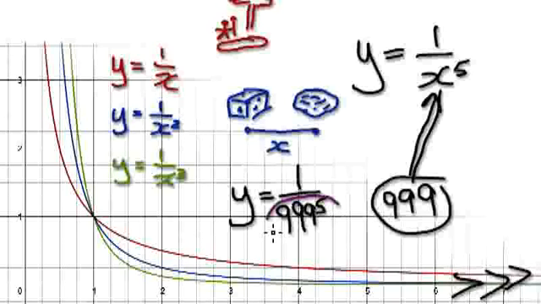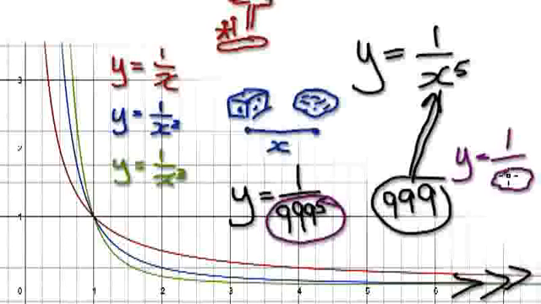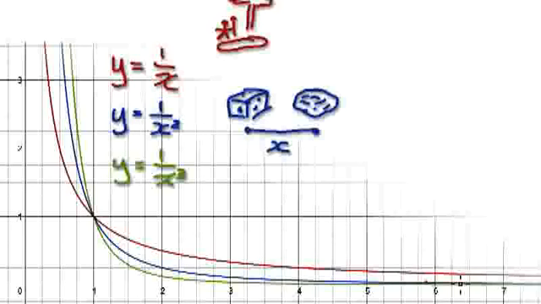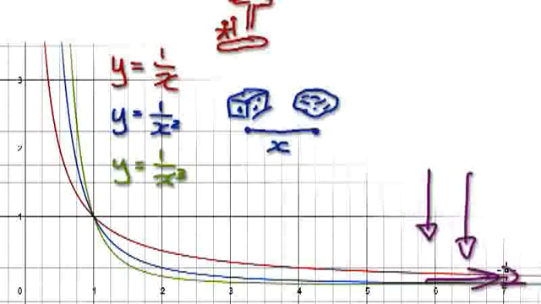This number here will be massive. So you will in effect have y equals 1 over a massive number. Now, when this bottom number is really big, this whole thing is really small. So as you go to the right, as x increases and gets really big, the y value will get really small, no matter what you look at.